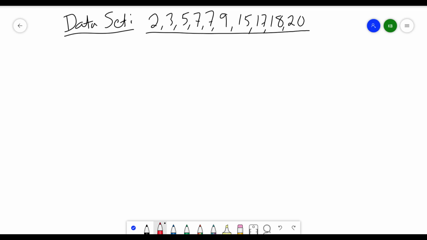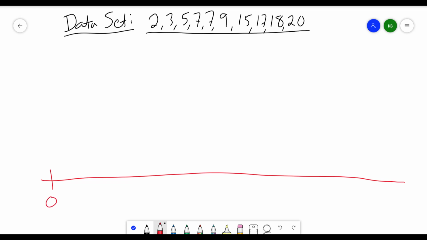So to make a box plot, the first thing you need to do is look at the range of your data. My data here is in increasing order, which is going to help me out. So I need to go from 2 to 20. And what you do is you make a very accurate and detailed number line.